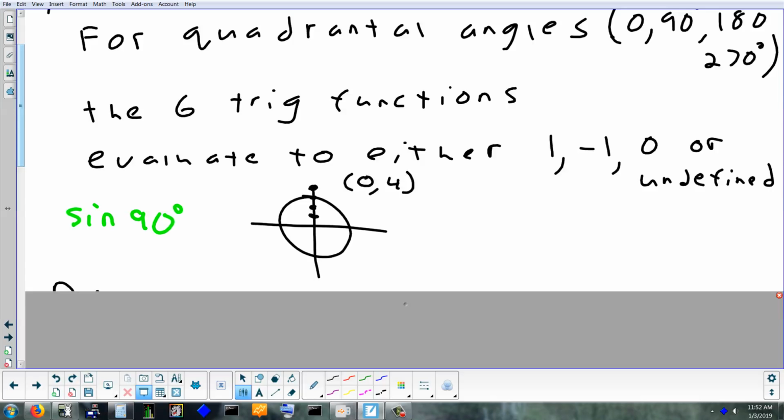Well, if I wanted to find the sine of 90, I need three things: X, Y, and R. Well, I already have X and Y. That's 0 and 4. What's R? I don't really have a triangle here because my point is right on the axis.